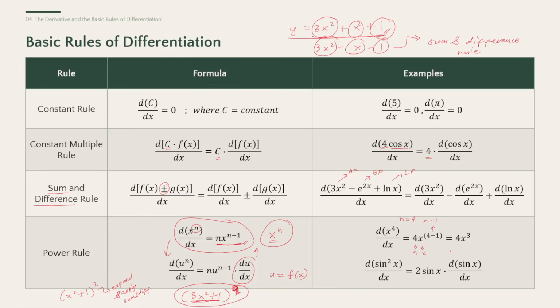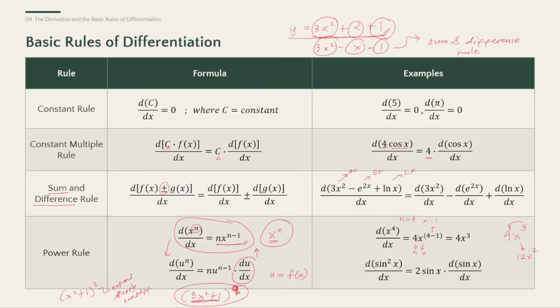It's actually the easiest way. For example, you have 4x cubed. The easiest way of using power rule is just to multiply the exponent to the coefficient and then subtract 1 from the exponent. So this is 12x, and 3 minus 1 is squared. That is the easier way.